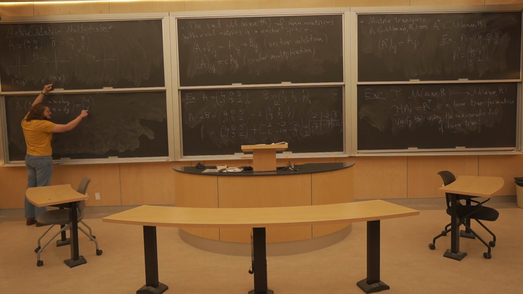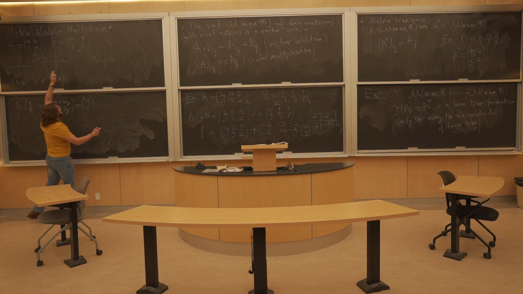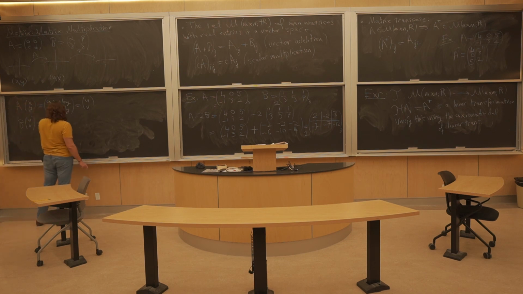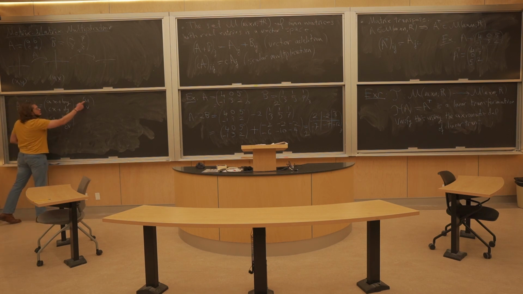But then I can take this output and feed it to B. B of uv turns out to be alpha u plus beta v, gamma u plus delta v. But then u is this expression, and v is this expression.